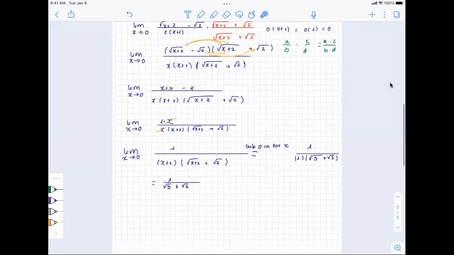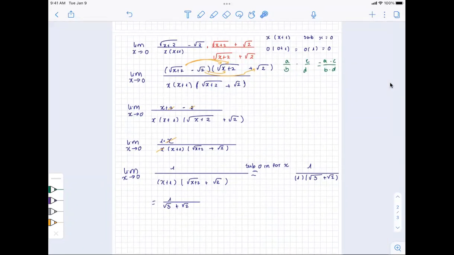So that is the rationalization method: if your numerator has the radical, then you can multiply by the opposite sign. If this was a plus, then you could do a minus here, and if it's a minus, you do a plus. That's how the method goes.